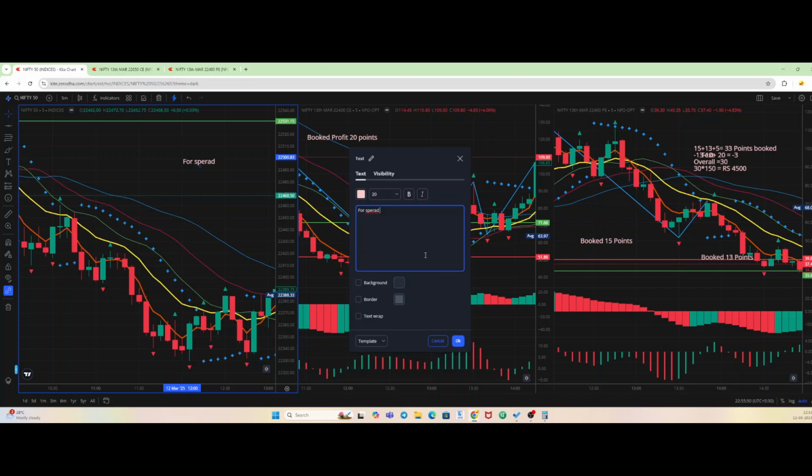So for 2 lots in the spread strategy, we booked 58.5 into 150, equal to 8,775 profit.